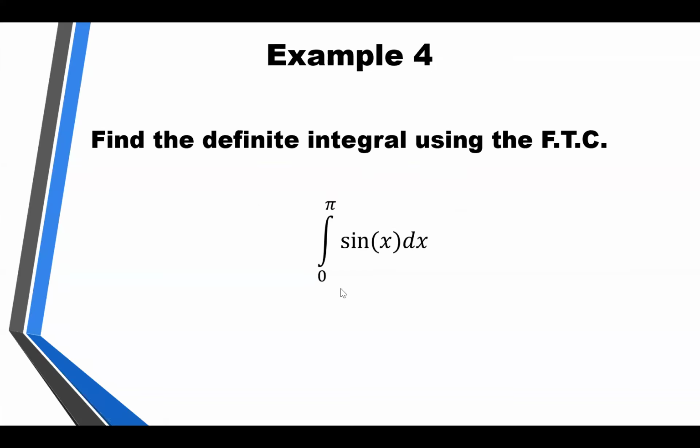Now let's do another example. This time, let's integrate sine of x with respect to x from 0 to pi. Now, normally, anytime we're dealing with calculus and trig functions, we're going to be using radians. So when we do this, we're going to make sure our calculator is in radian mode if you are utilizing your calculator to figure out the answers.